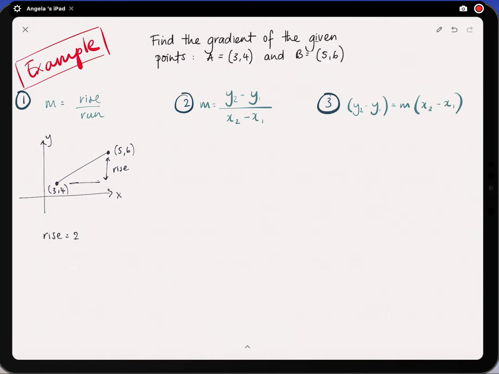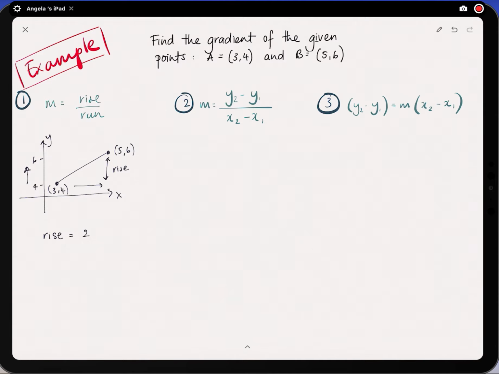Our run, which is our horizontal, has gone, sorry, I'll take that back. Our rise has gone from 4 units to 6 units, so it's gone 2 units in the positive direction.